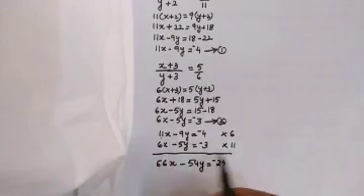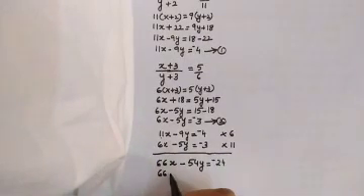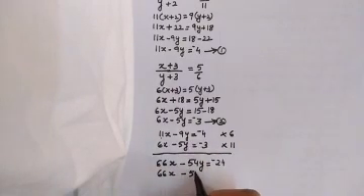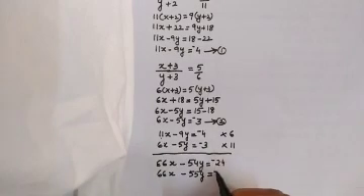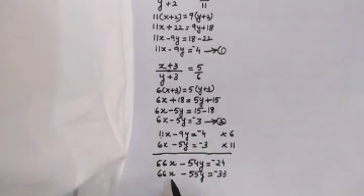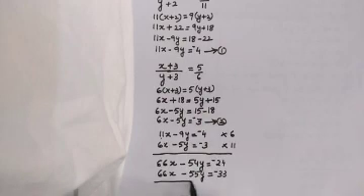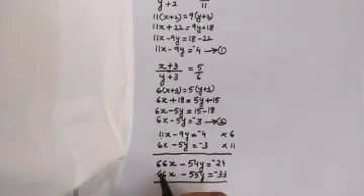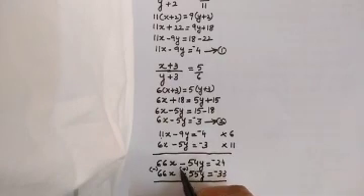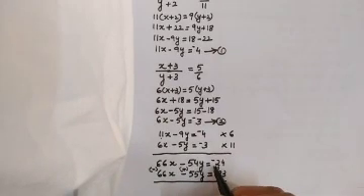Next is 6x into 11, it is 66x minus 5y into 11, minus 55y equal to minus 3 into 11 is minus 33. Now you can see that the coefficients of x are equal and they are of same sign. So you have to subtract it. So to subtract, change the sign. This becomes minus, this minus becomes plus, this minus becomes plus.